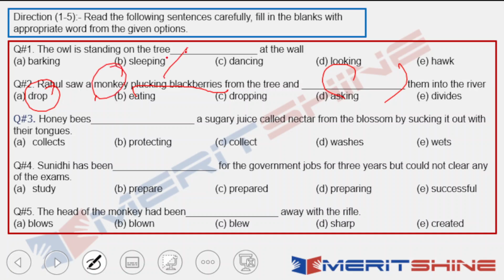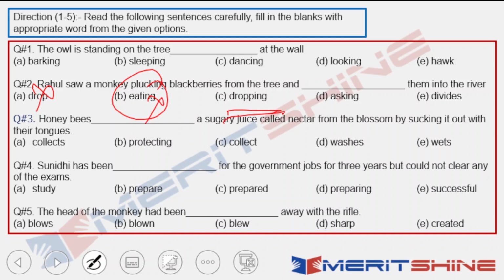So one job of the monkey is in verb plus ing form, and another job of the monkey would also be in verb plus ing form. Parallelism, you remember. So two similar types of actions happening in a sentence would be in the same form. Therefore we will have to look at those options which are ing. So drop is eliminated. Achha, eating does not make contextual sense.